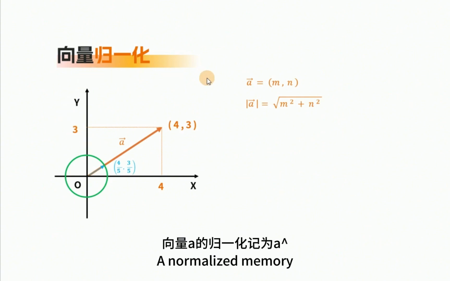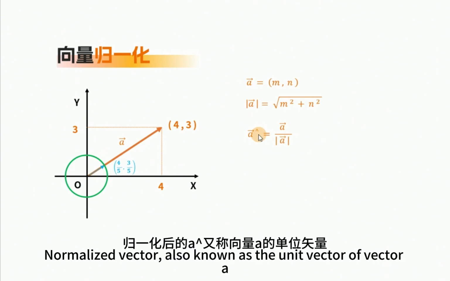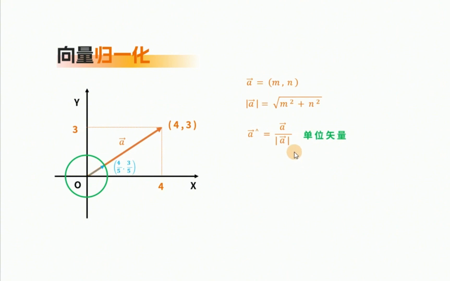The normalized vector of A, written with angle brackets, is also known as the unit vector of vector A. Here is the calculation formula.